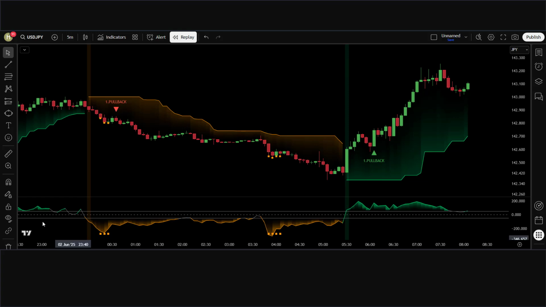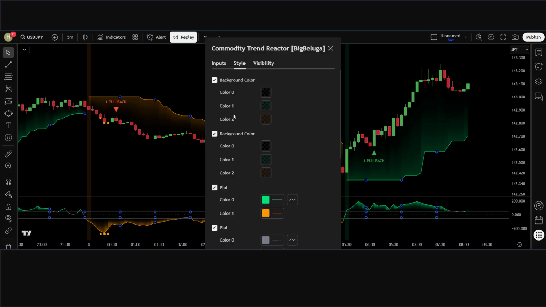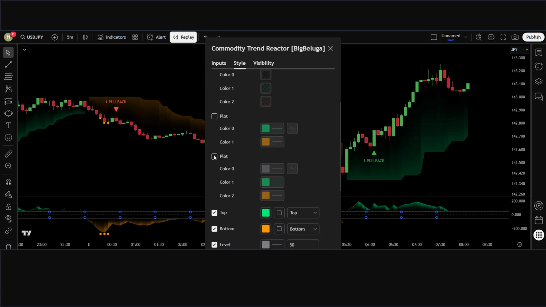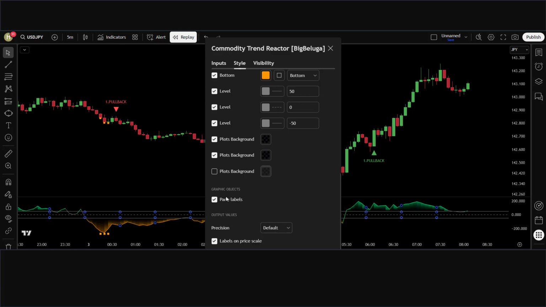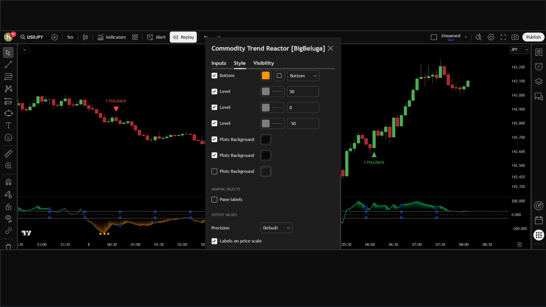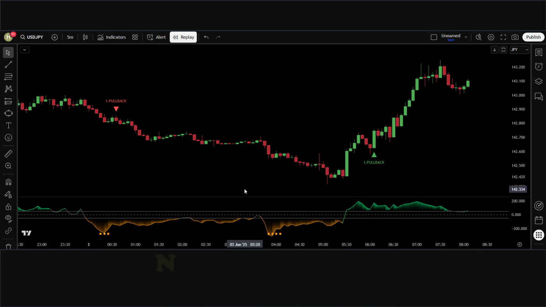Let's change the settings of the indicator. Now go to the Style tab and hide some options. Now our trading setup is completely ready.